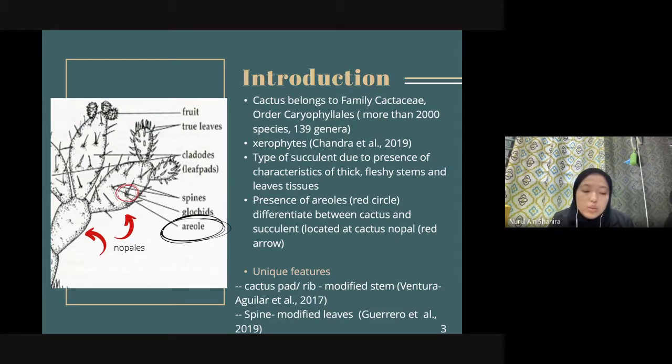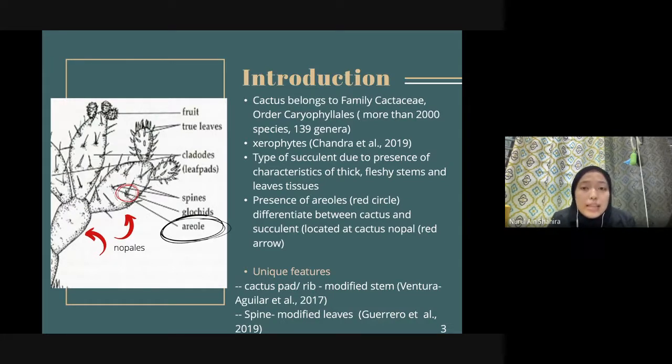And according to Guerrero et al. 2019, among the succulent members, cactus is considered highly succulent due to the most dramatic modification that is able to survive in some of the driest environments by relying on the water stored in the tissue against desiccation.